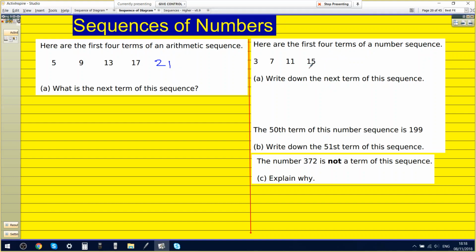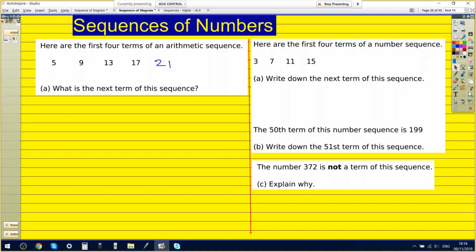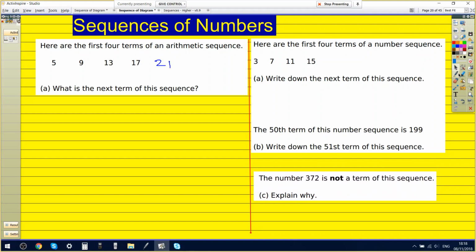How about this one on the right? 19, did you say? Yeah. Okay. How about part B?